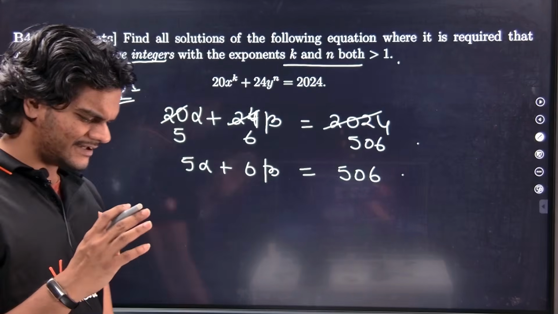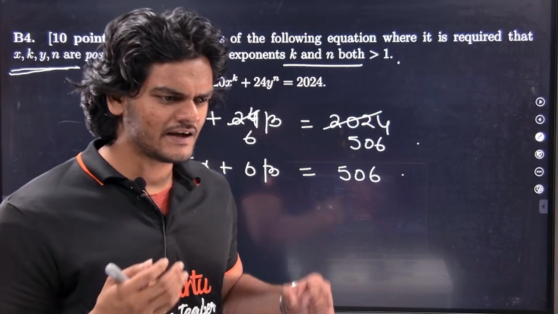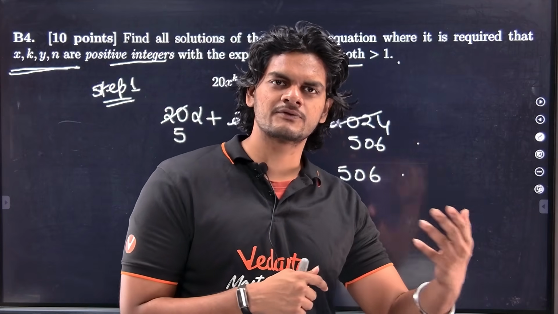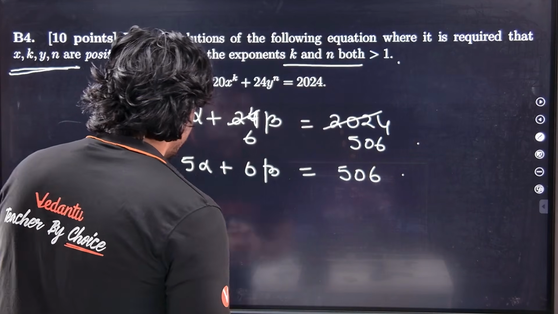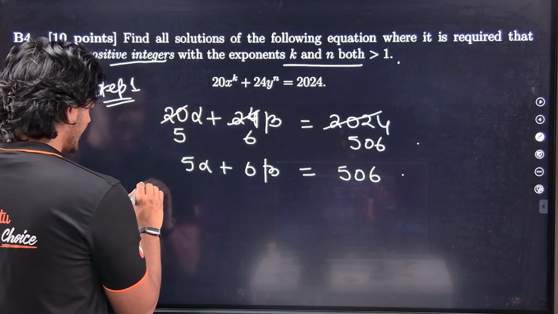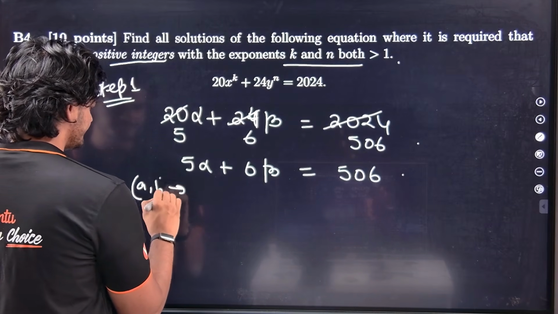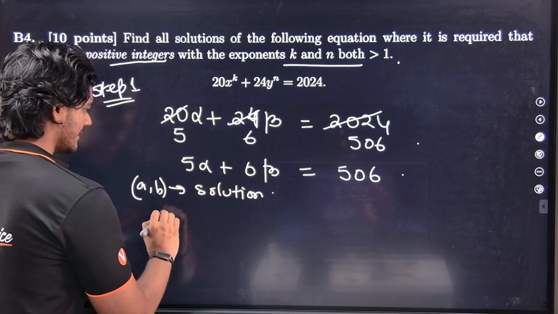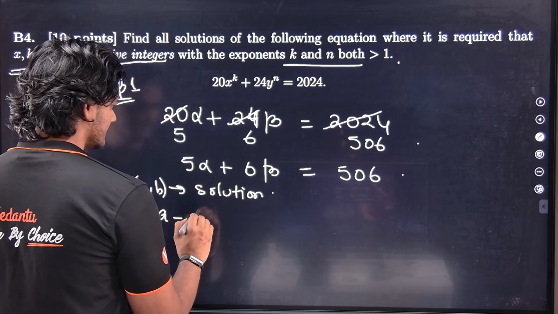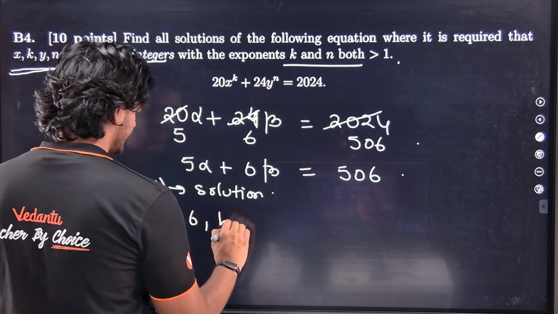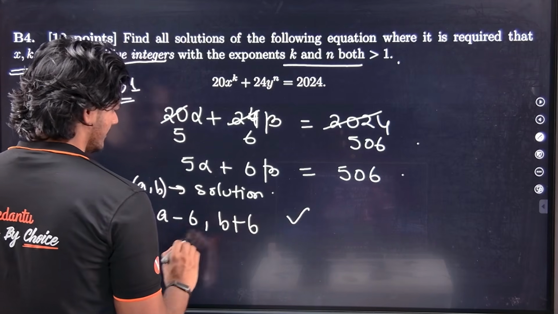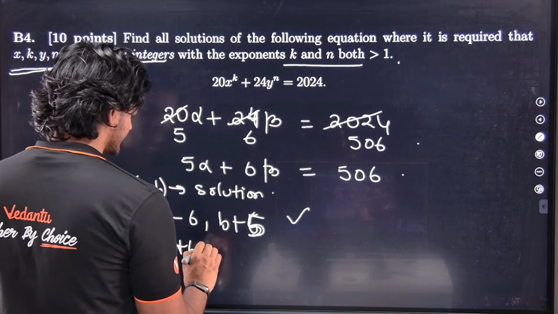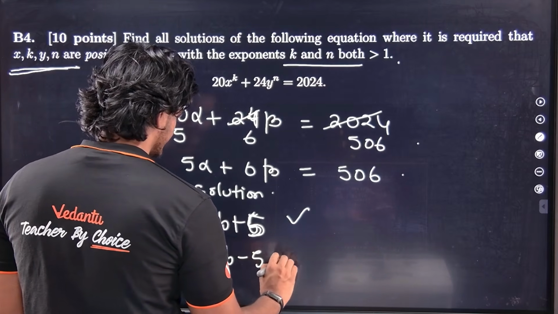Now, while solving a Diophantine equation, we understand that once you have one solution, you can derive multiple solutions from that point onwards. So let's say a comma b is a solution. You'll see that a minus 6 and b plus 5 is a solution, or a plus 6, b minus 5 is a solution.